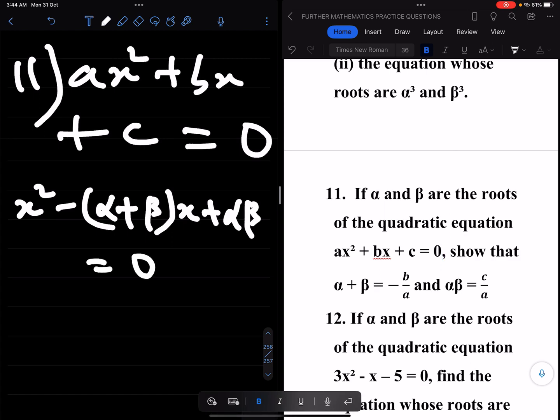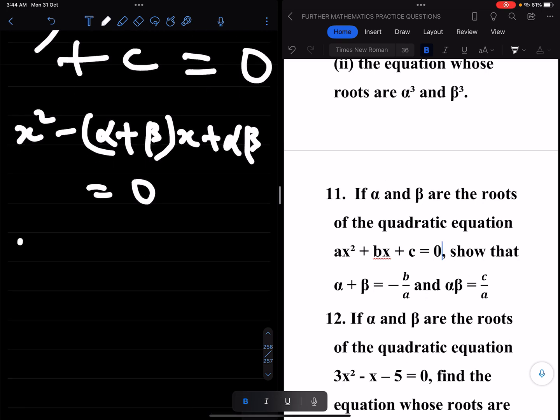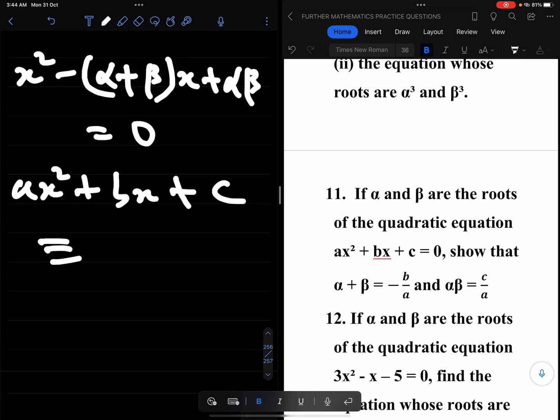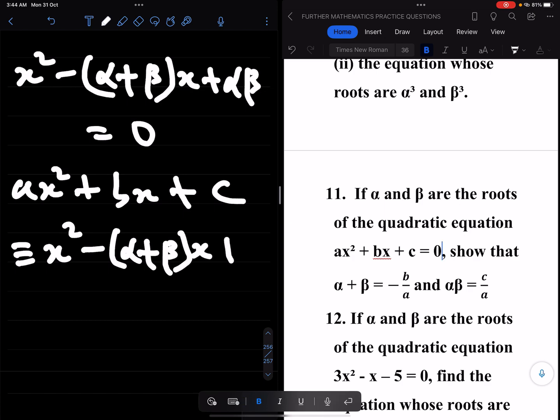This is also the general form of a quadratic equation in terms of its roots. So that simply means ax squared plus bx plus c is equivalent to x squared minus alpha plus beta x plus alpha beta.